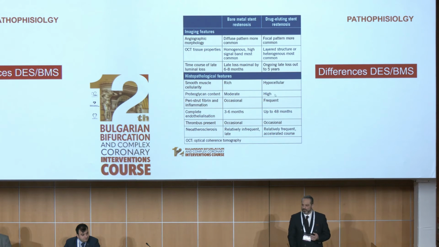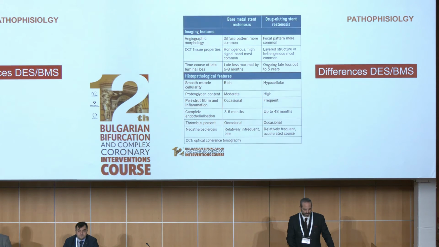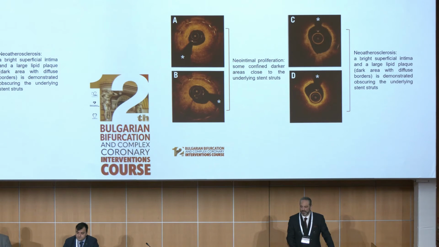The pathophysiology of restenosis is different, obviously, between DES and BVS. Here, I don't want to bore you with all these features derived from OCT that are useful to understand the pattern of neointimal proliferation and the difference between neointimal proliferation on the left and neoatherosclerosis on the right.